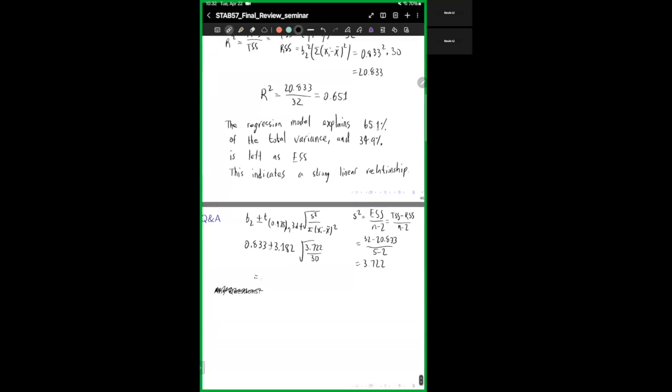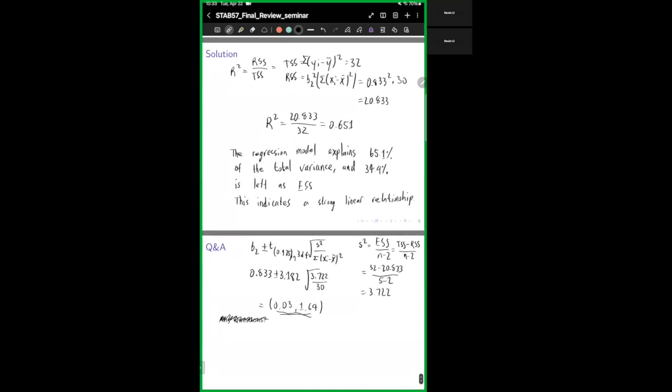This will result in the following interval of 0.03 and 1.64. So then our 95% confidence interval is as follows.